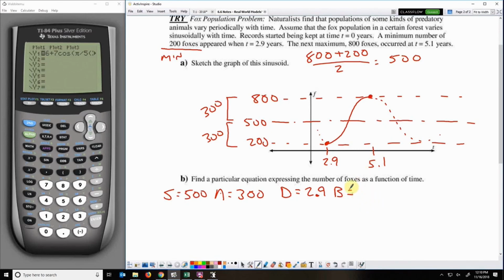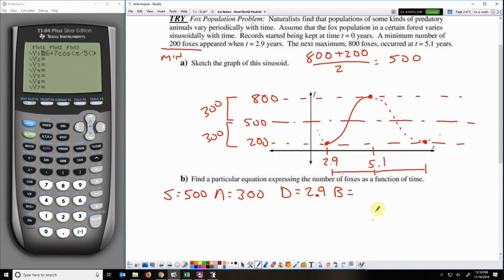B is 2 pi over the period. Now this right here represents a half of a cycle. So this right here is a half a cycle, which makes this really half of a period. We have to figure out what it takes to get there to make a whole period.